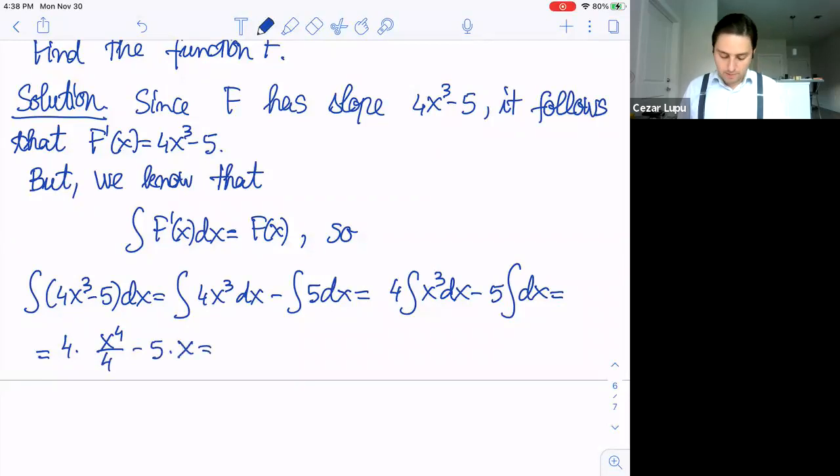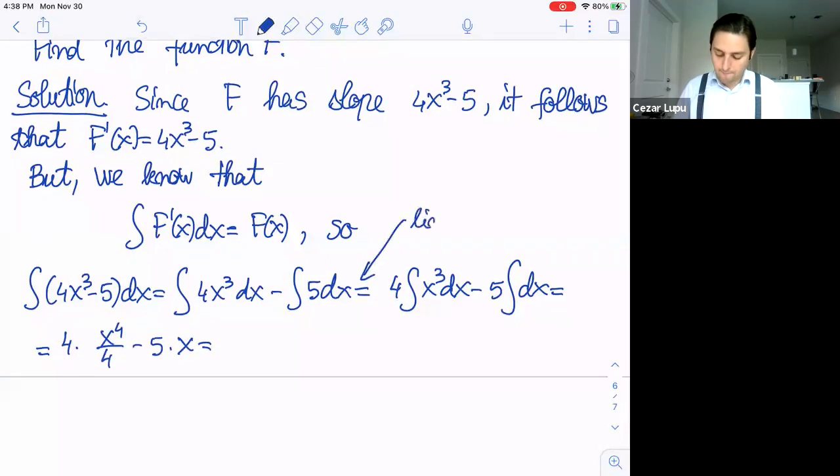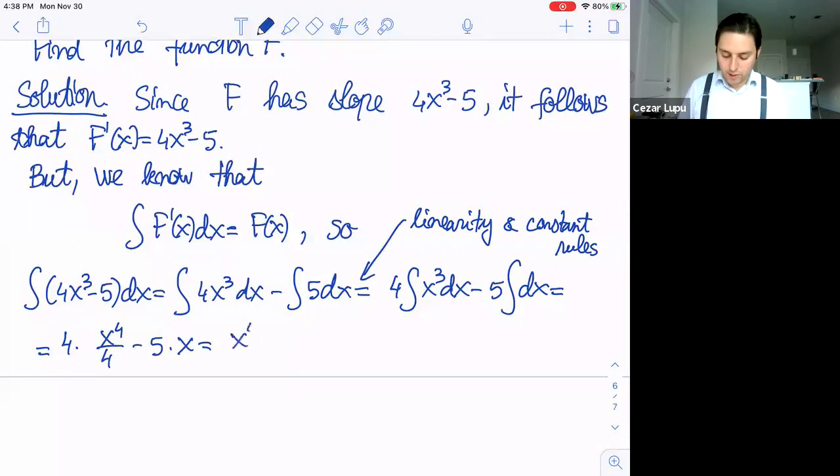Here we apply the power rule, the linearity rule, and the constant rule. Both of them. And this is nothing else than x to the fourth minus 5x plus c, where c is a constant.